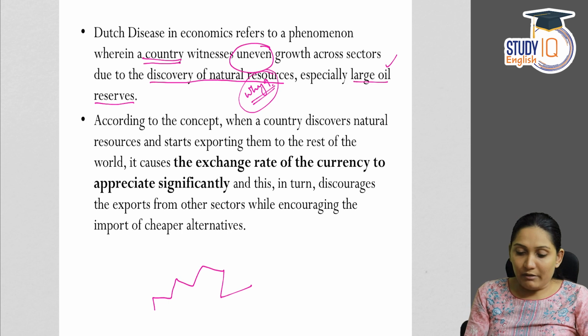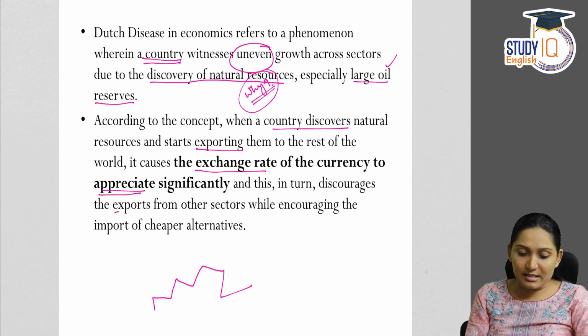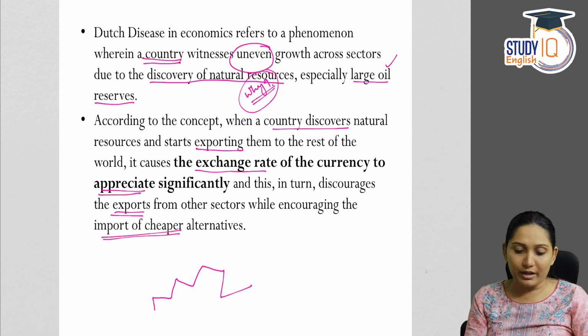According to the concept, when a country discovers natural resources and starts exporting them to the rest of the world, it causes the exchange rate of the country to appreciate significantly, and this in turn discourages the exports from other sectors while encouraging the import of cheaper alternatives.